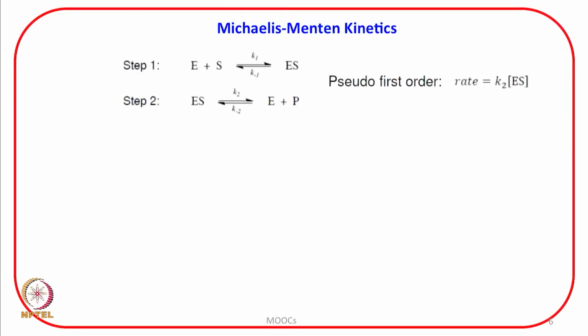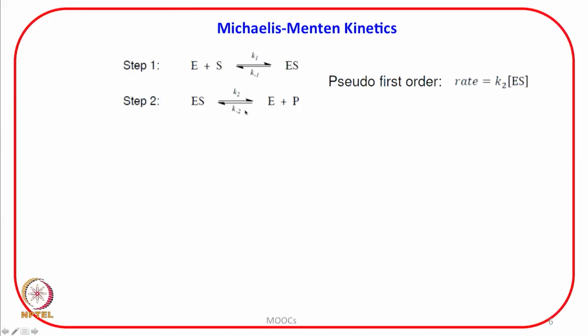In Michaelis-Menten kinetics, the reaction between enzyme and substrate is described by these two steps, where step 1 is enzyme plus substrate forming enzyme substrate complex, where the rate constants are K1 and K minus 1, and step 2 is enzyme substrate then decomposes into enzyme plus formation of products, rate constants are K2 and K minus 2.